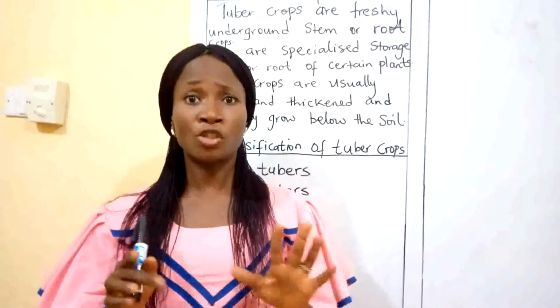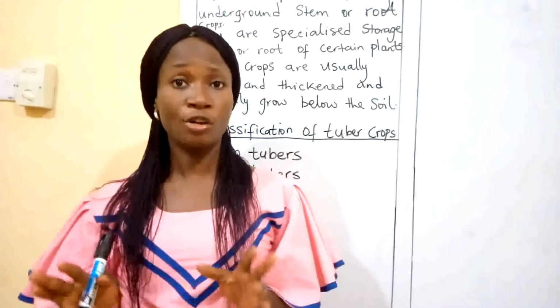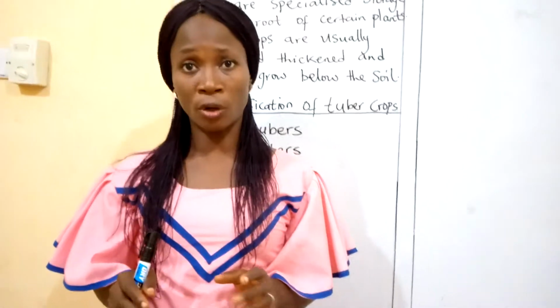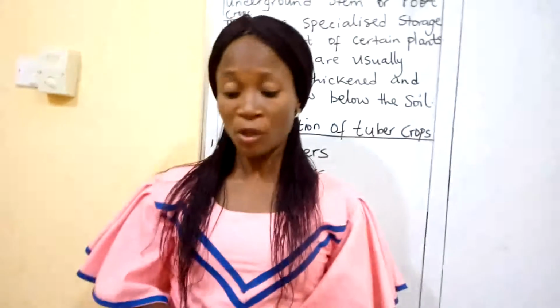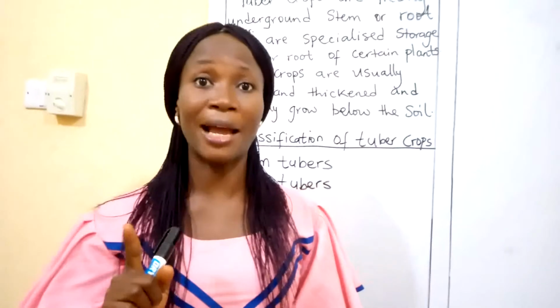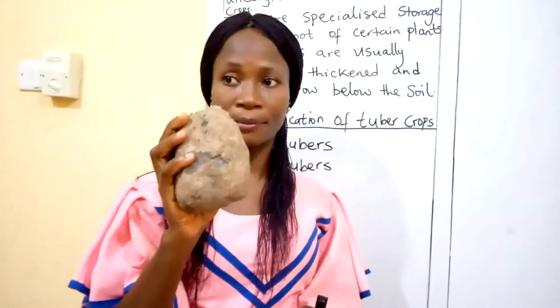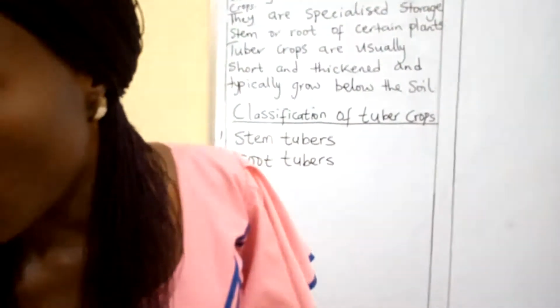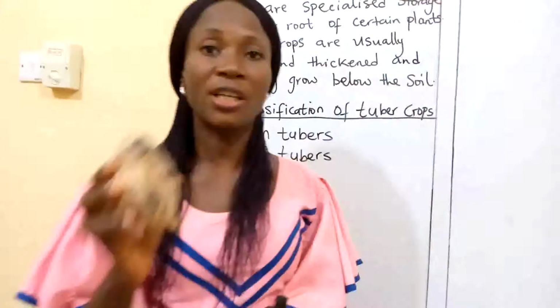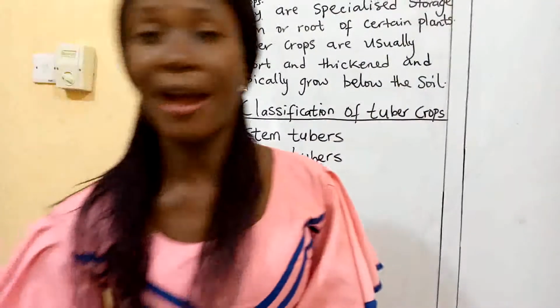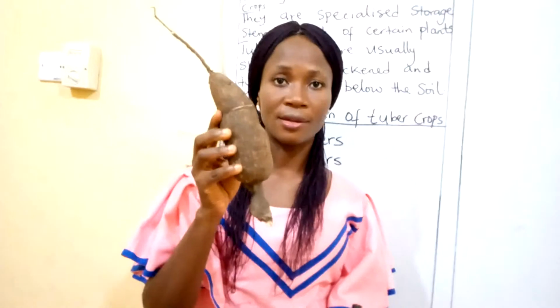Okay, next we are going to be looking at some of the examples of tuber crops. Number one, we have yam. The next one, we have potato. Number three, we have cassava.